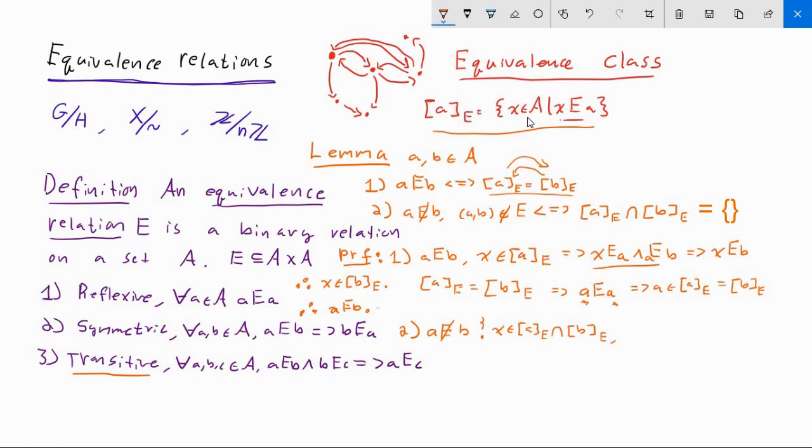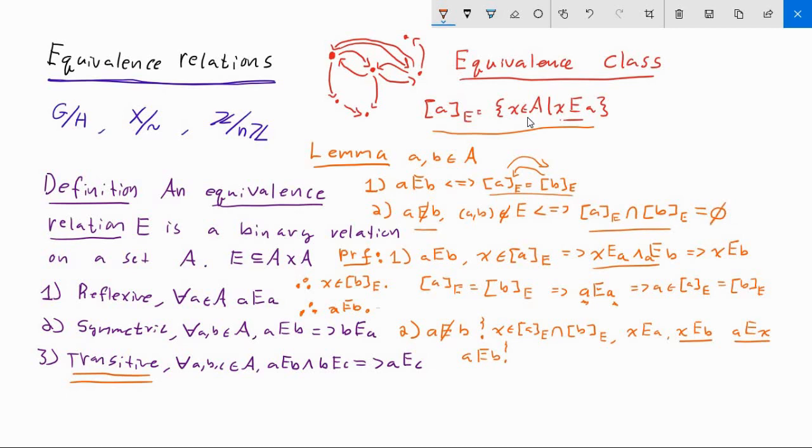Well, since X is in both equivalence classes, this means that X is related to A, and that X is related to B. But by symmetry, we also get that A is related to X. And now we can combine A related to X and X related to B, again using the transitivity property, to obtain that A must be related to B, which is a contradiction. So therefore, if A is not related to B, it has to be the case that the intersection is empty.